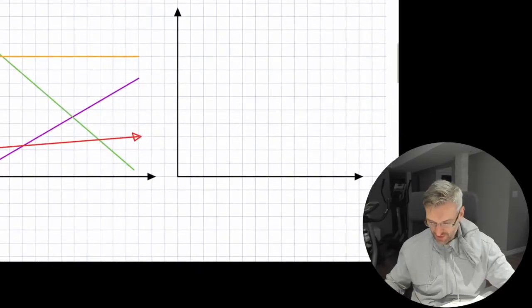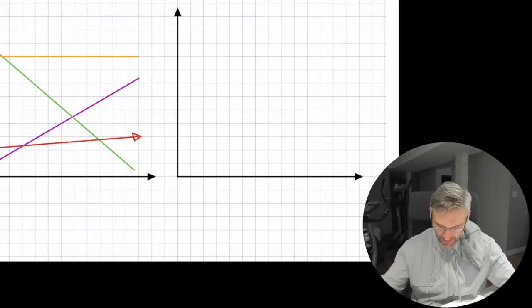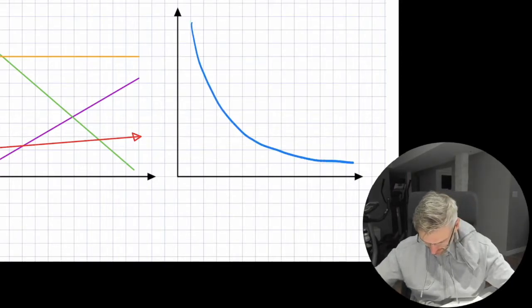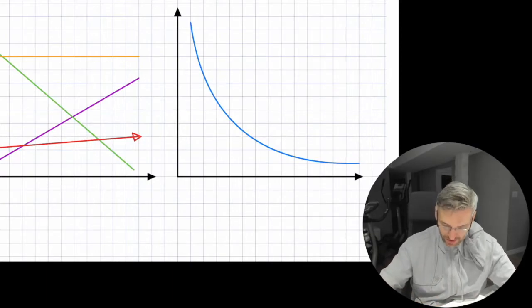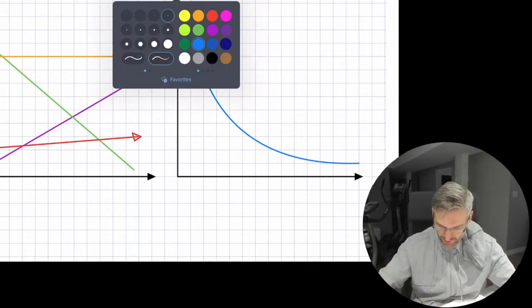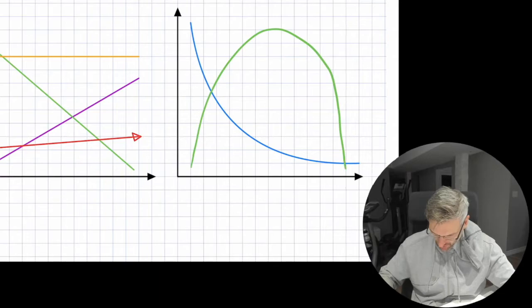Now, for nonlinear, this is a lot more exciting because we can do wonderful magic with nonlinear. So in terms of nonlinear information, anything that is not a straight line, we've already seen one, which looked like this, sloping down, so that would be definitely nonlinear. They don't have to be just lines in this direction, so this is actually a nonlinear one as well.